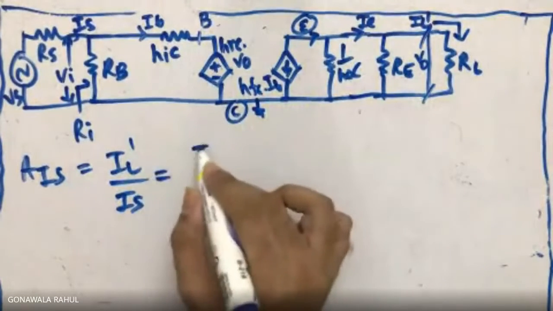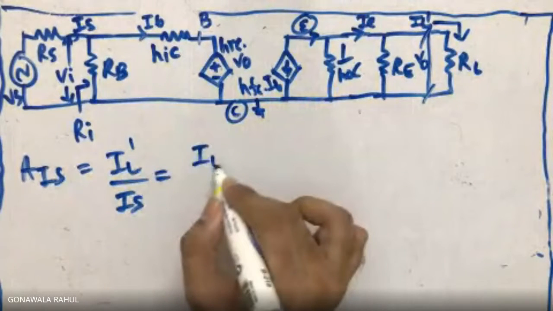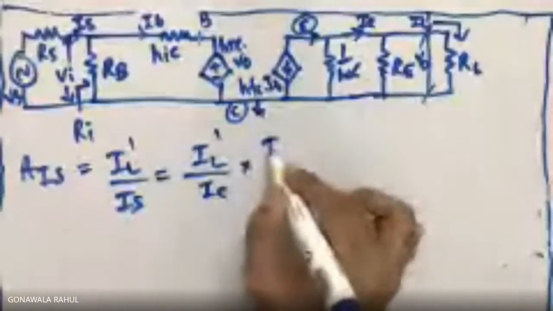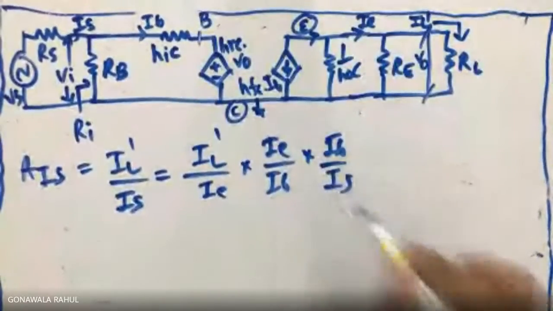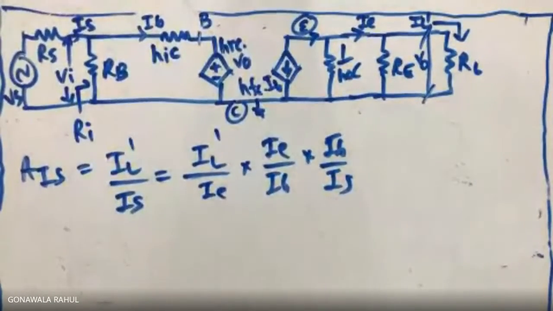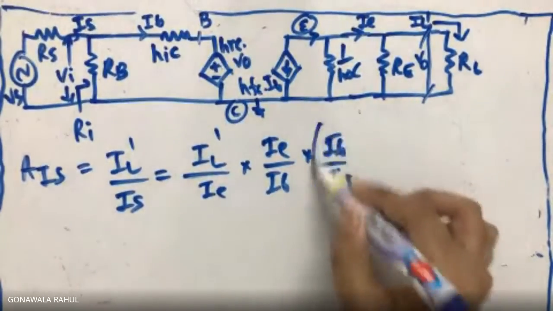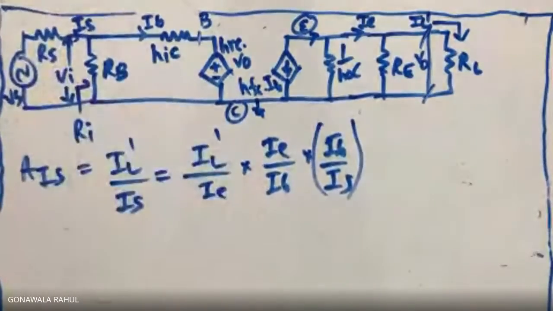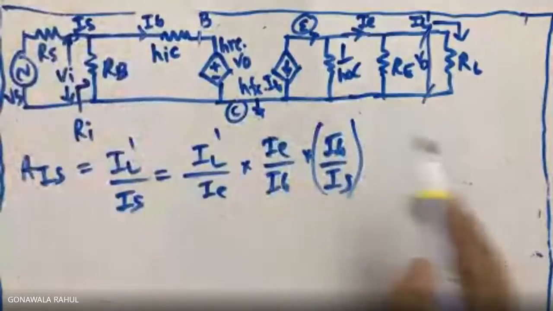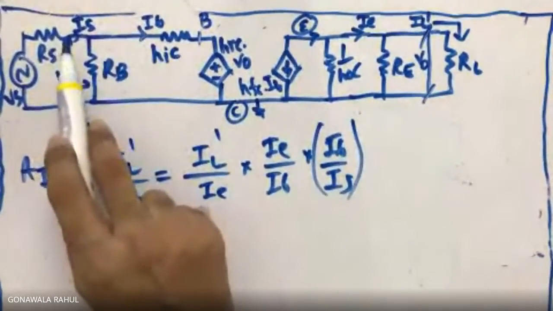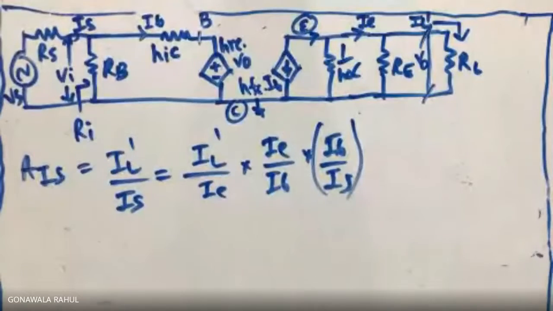So I can say that will be IL dash by IE into IE by IB into IB by IS. Clear? So now first we start with IB by IS. Applying again the current divider rule at the input side, this side. This is my IB, this is my IS.